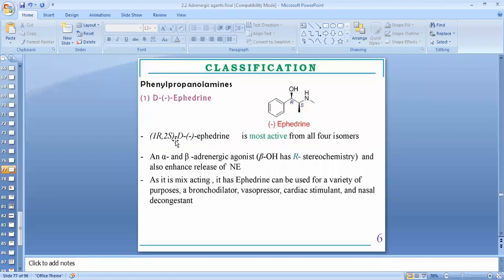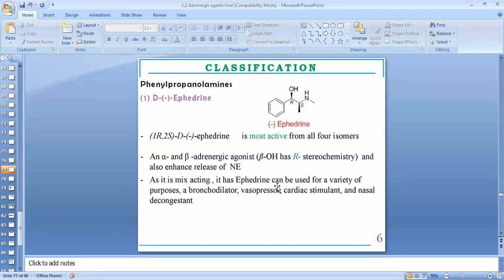It is available in the form of 1R,2S ephedrine, which is the most active of all 4 isomers. It is an alpha and beta adrenergic agonist, that is, the beta hydroxyl has R stereochemistry, and it also causes the release of norepinephrine. It is mixed acting, with both actions shown by the ephedrine molecule.